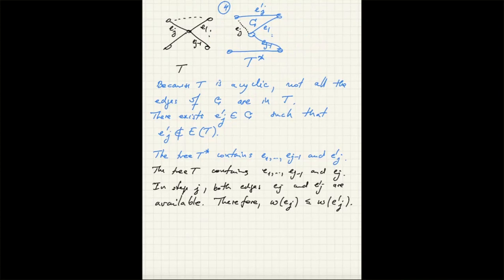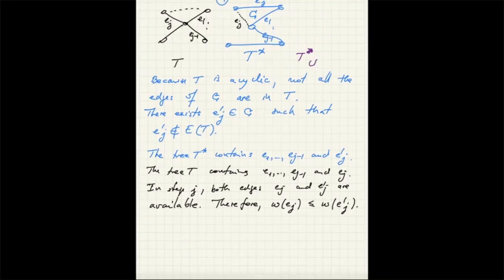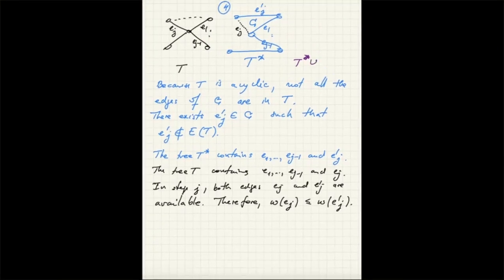Purple. So we do here T star, and what we do is we add EJ and we subtract. So T star union EJ minus EJ prime.